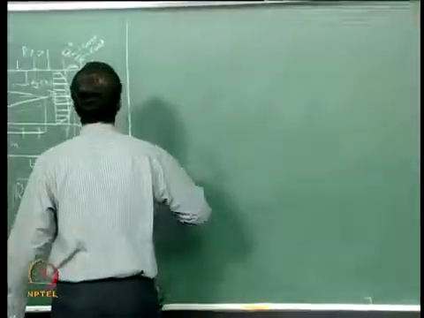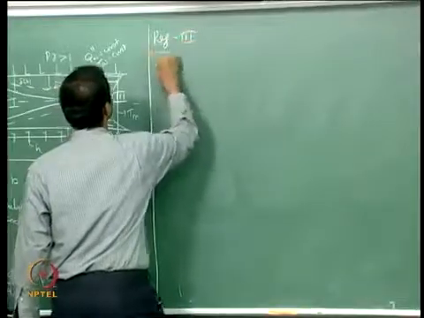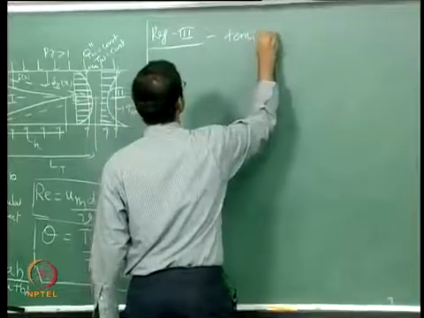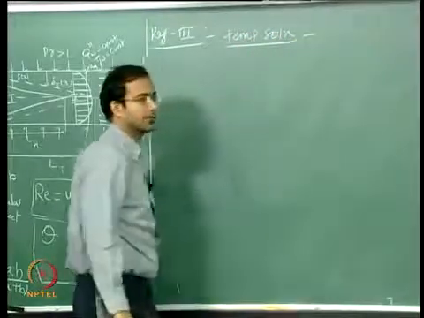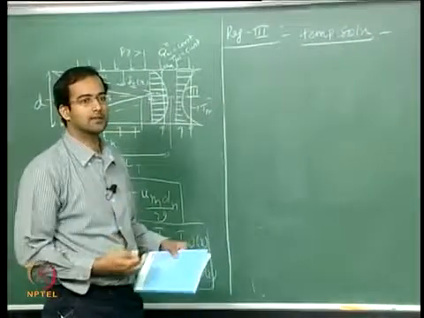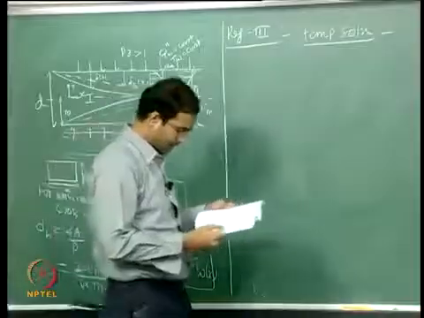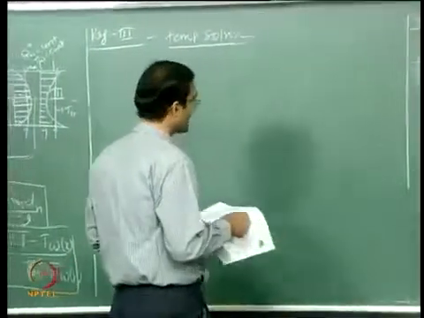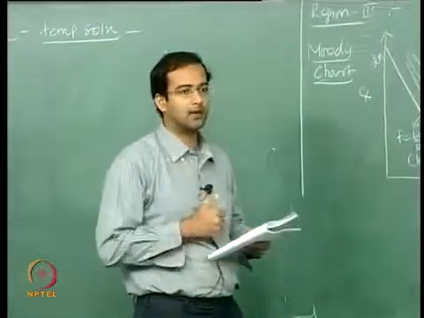So now in region 3, the temperature solution. Once you get the velocity profile, naturally the next part will be to get the solution for the temperature, and I have already told you that the heat transfer coefficient is a constant in region 3, so we have to know what is the value of this constant.